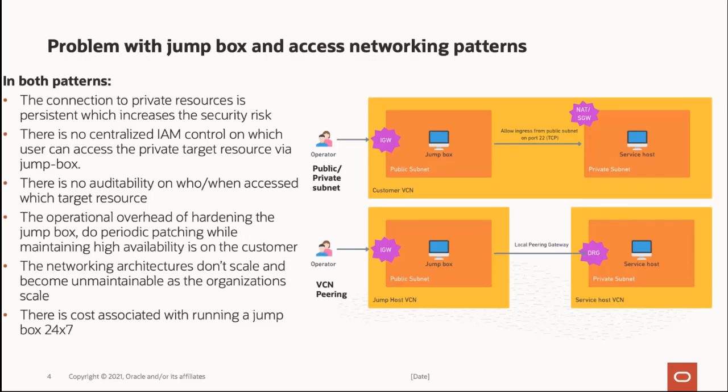And of course, there is a cost associated with running a jump box 24/7. So there are certain issues. Although these patterns work to a certain extent, these are some of the issues that our customers have to face today.